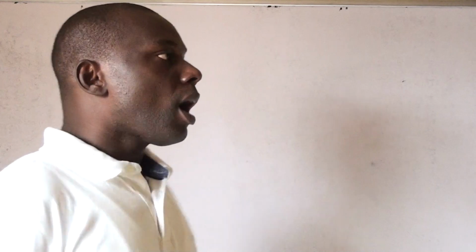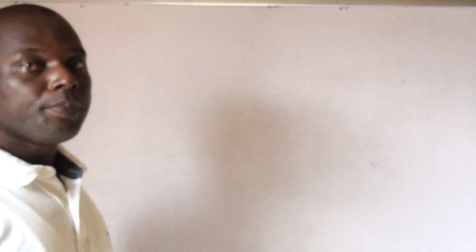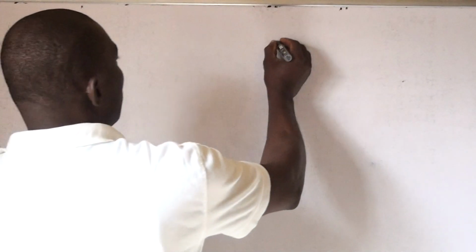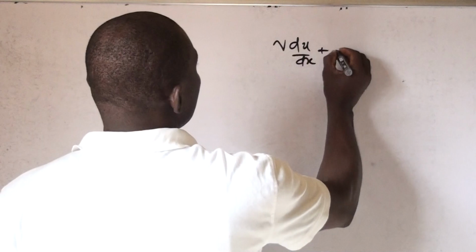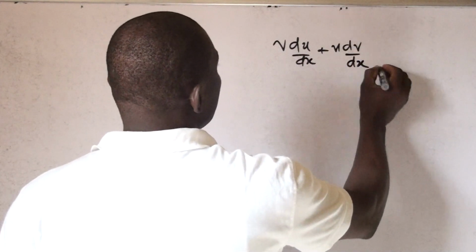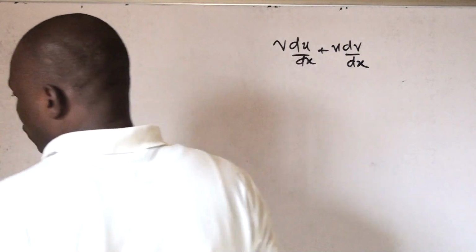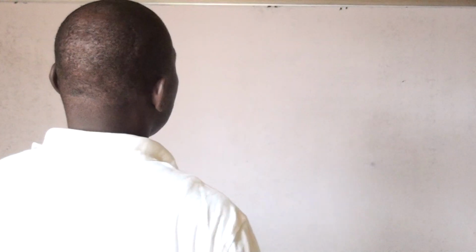So we're going to establish that the product rule is dy/dx = v du/dx + u dv/dx. Okay, we're going to establish that, and we'll also look at the quotient rule from first principles.